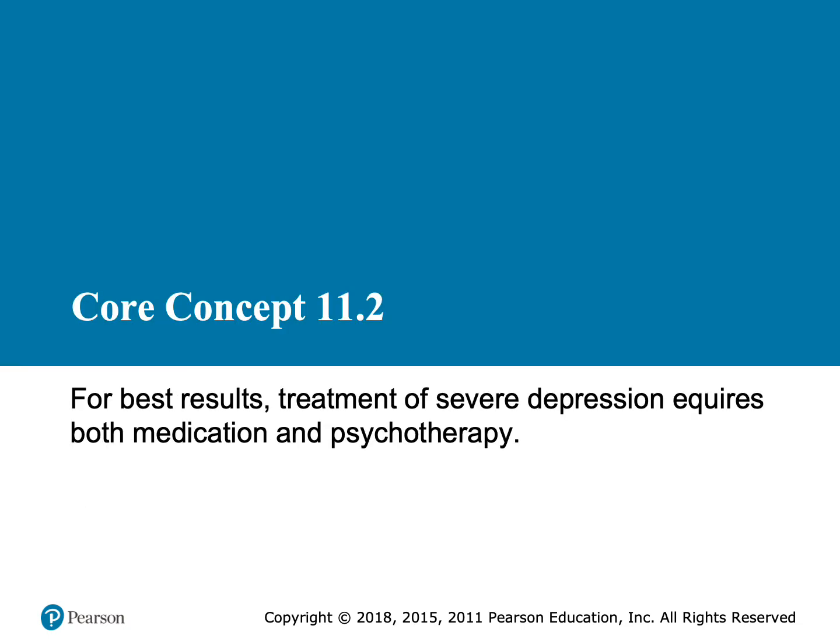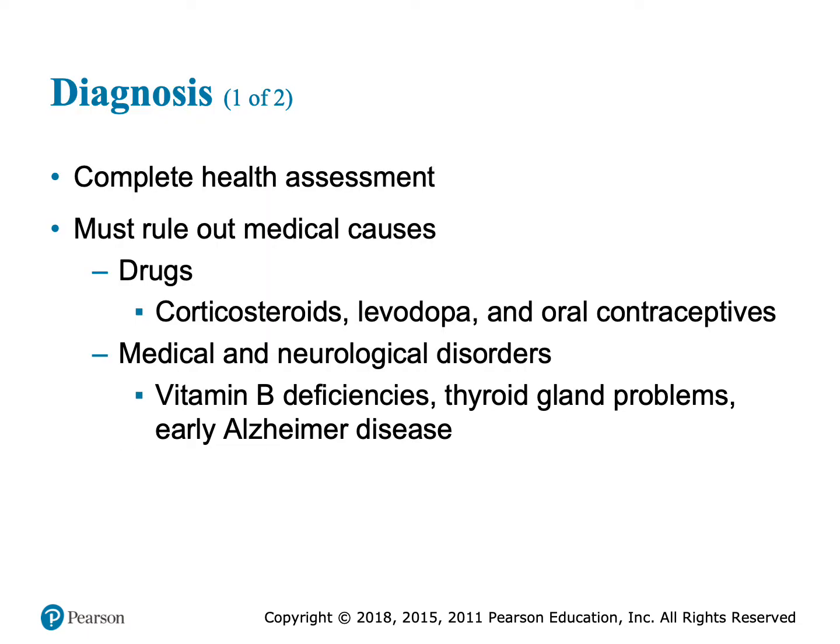So for best results, severe depression requires both medication and psychotherapy. The diagnosis of severe depression is completed through the use of a complete health assessment. Medical causes must be ruled out, such as drugs.